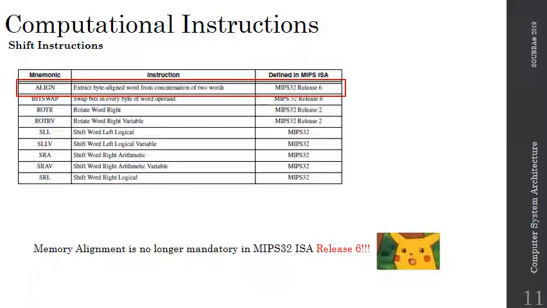So basically, maybe a drawing here would help. The memory alignment constraint, the restriction, dictated that a word should be on one line here, and a word is made out of 4 bytes. So word 0, word 1, word 2, etc. Right? And using byte addressing, each word is 4 bytes away.